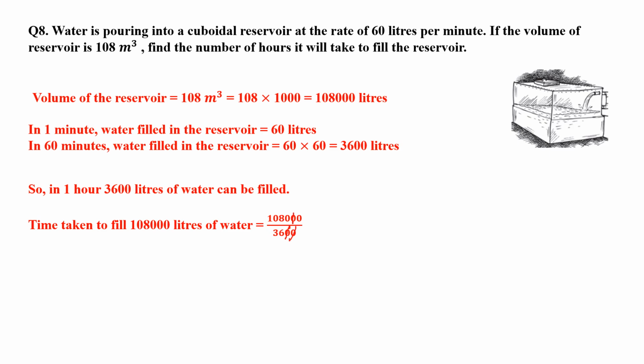So if I reduce it, it is 1080 by 36, and 36 times 3 is 108, so it is 30. So it will take 30 hours, isn't it? So it will take 30 hours to fill the reservoir.